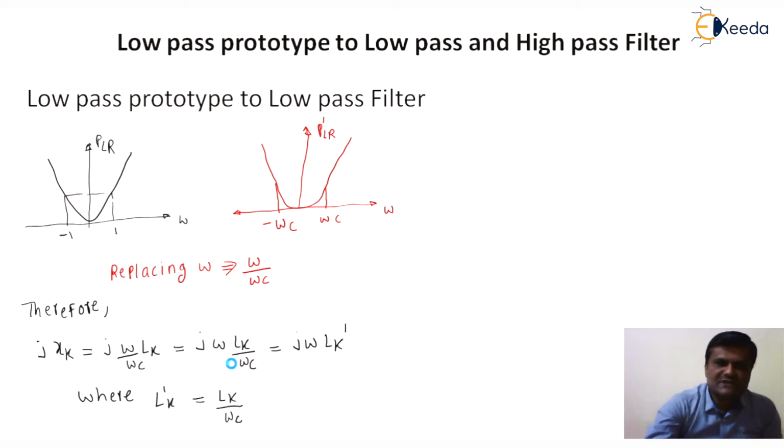In the same way, we calculate the shunt susceptance jBk, equal to j omega Ck. Omega is replaced by omega upon omega c.